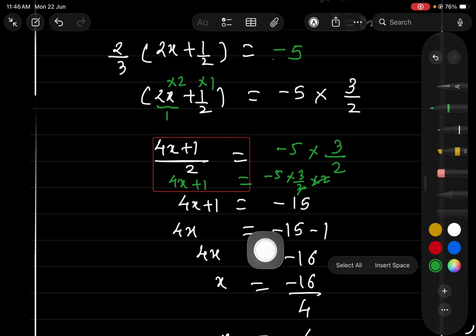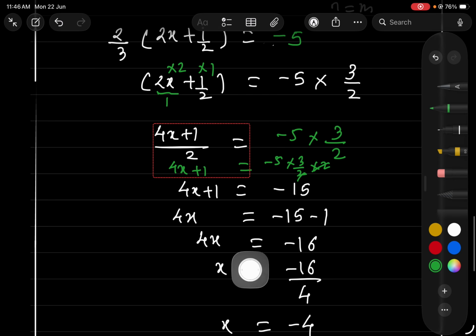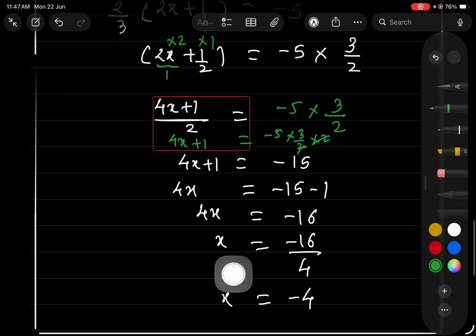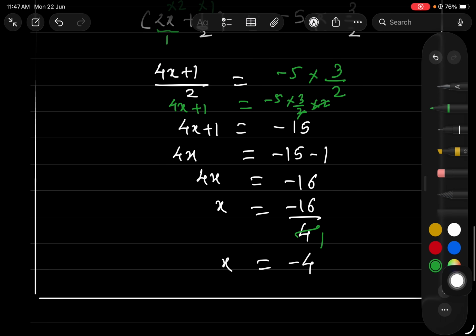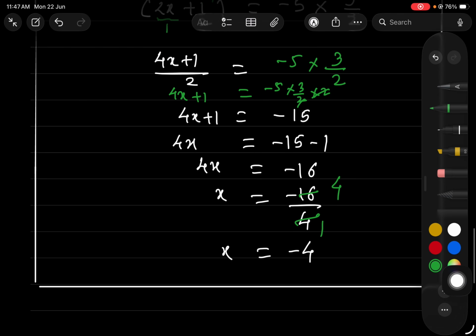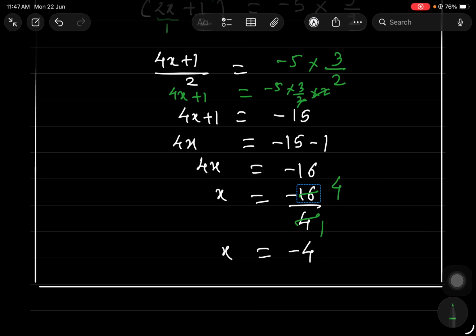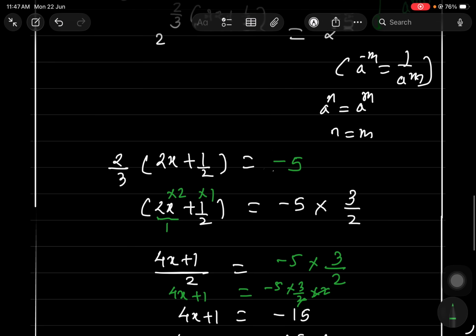Then 4x equal to minus 15 as it is, and plus 1 transposing this side, it becomes minus, so 4x equal to minus 16. x equal to minus 16 upon 4, 4 fours are 16, so minus 4 answer will come. So you have to solve properly.